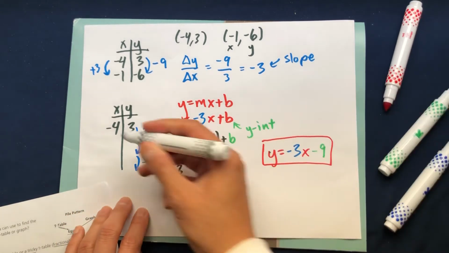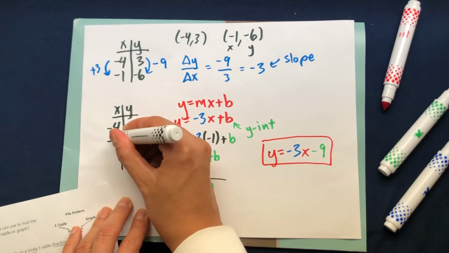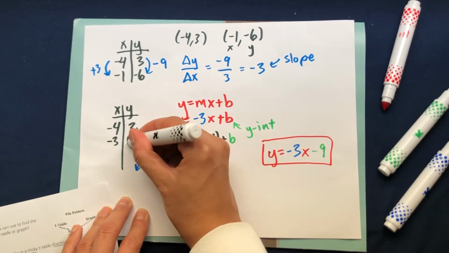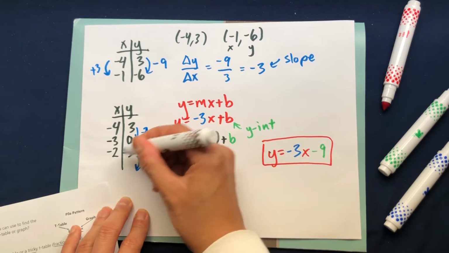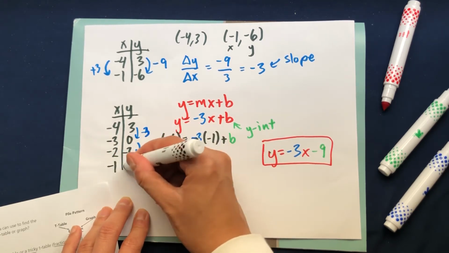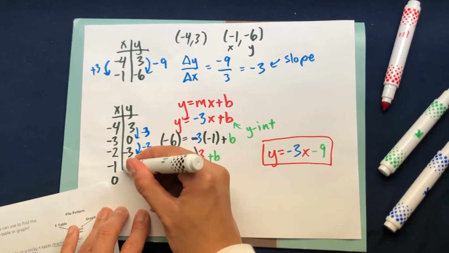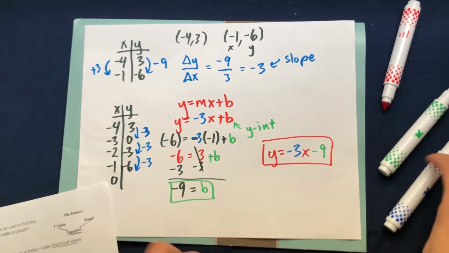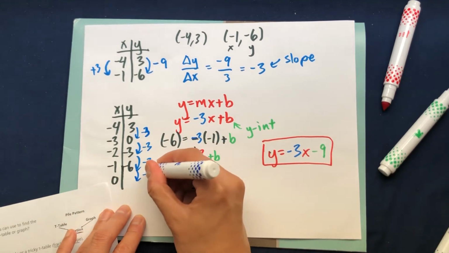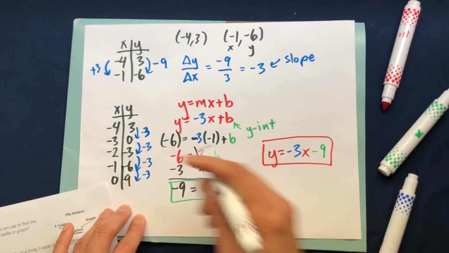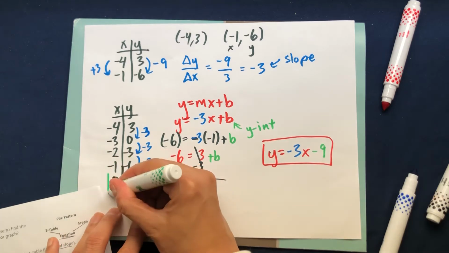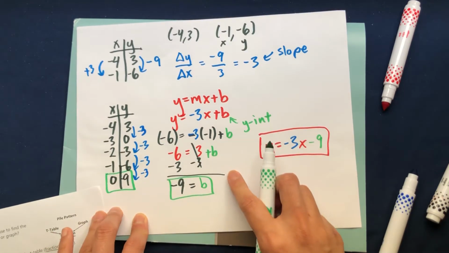And what we're going to get is at negative 3, 3 minus 3 is 0. At negative 2, 0 minus 3 is negative 3. At negative 1, negative 3 minus 3 is negative 6. And at 0, subtract 3 again from negative 6, and we get negative 9, which corresponds to the b we got earlier through solving.